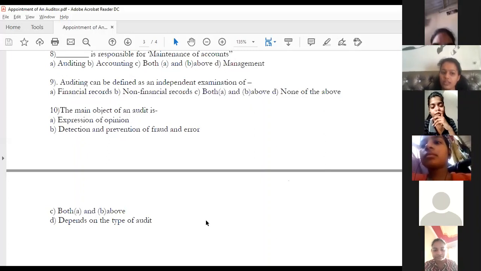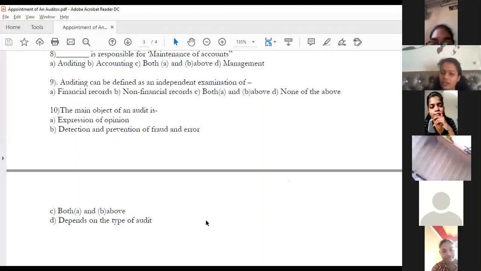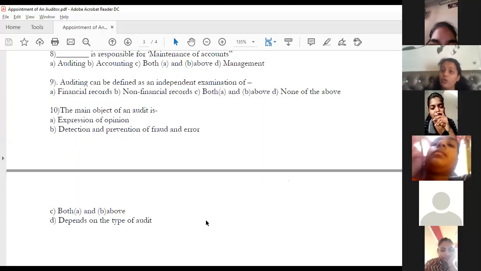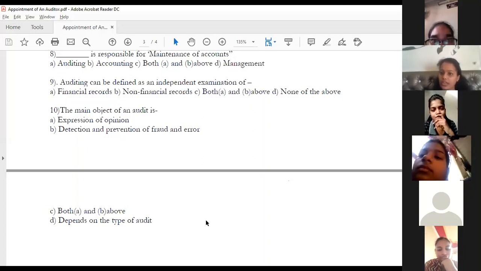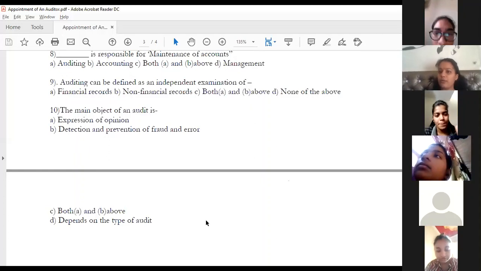Those who answered D are wrong, because it says the objective varies with the type of audit. If my audit is a concurrent audit or a statutory audit, is your goal going to vary? No, your goal remains the same, that is expressing an opinion. It does not depend on the type of audit conducted. Is this clear?